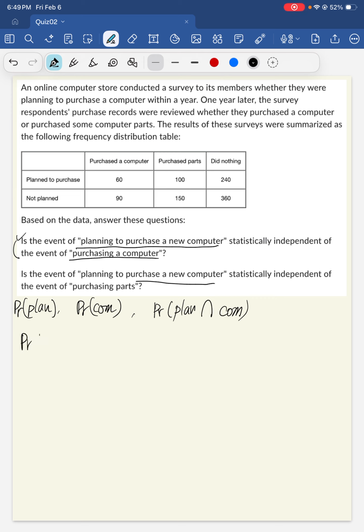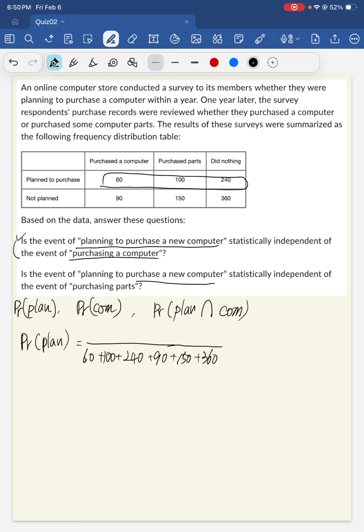So first I'll calculate the probability of plan. The unconditional probability of planning to purchase a computer: the respondents total 60 plus 100 plus 240 plus 90 plus 150 plus 360. Out of that many respondents, how many planned?